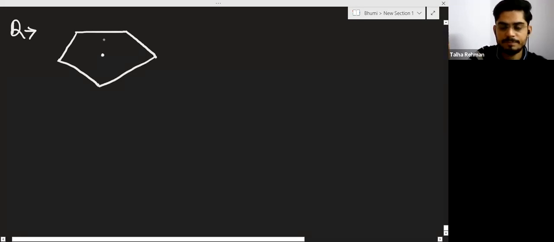This is a regular pentagon, and here a plus q charge is placed. Here a plus q charge is placed. Here a plus q charge is placed.